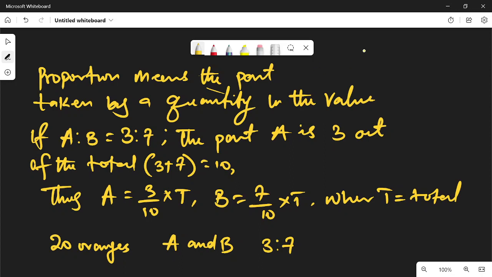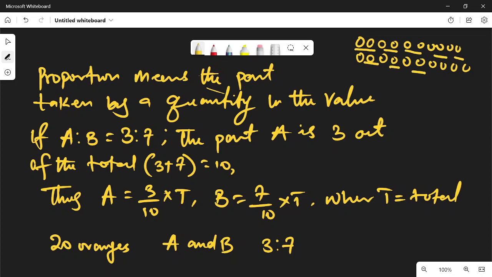That is, if I have 20 oranges, 1, 2, 3, 4, 5, 6, 7, 8, 9, 10, 11, 12, 13, 14, 15, 16, 17, 18, 19, 20, and I ask you to share it in the ratio 3:7, 3 plus 7 is 10, isn't it? It means you should divide these 20 oranges into 10 places, so that you are having 2 each.